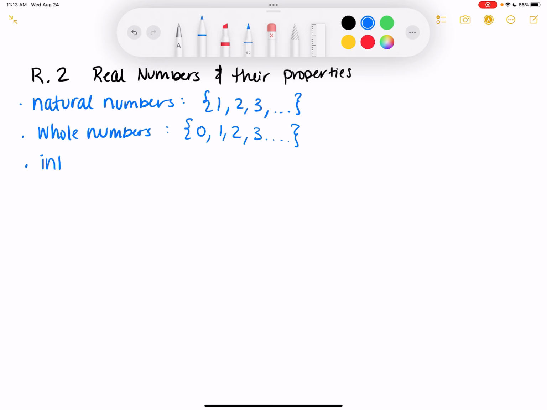Integers include the negative numbers. So dot, dot, dot, -3, -2, -1, 0, 1, 2, 3, and so on and so forth.